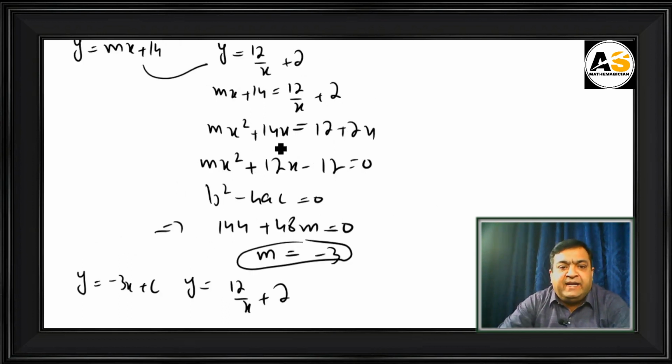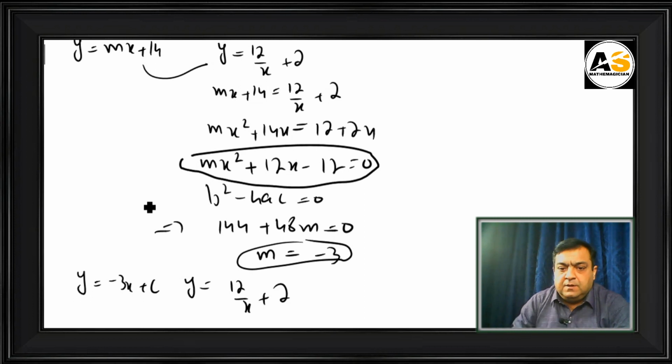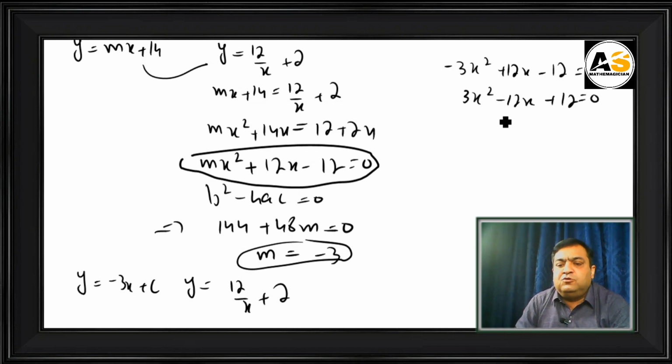Now, by putting m is equal to minus 3 over here, we will get the quadratic equation minus 3x squared plus 12x minus 12 is equal to 0, which implies 3x squared minus 12x plus 12 is equal to 0. And what will we get?